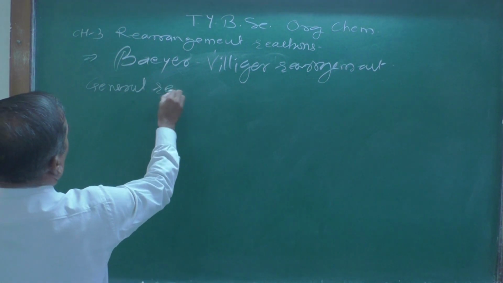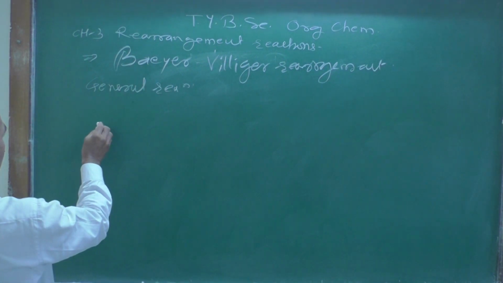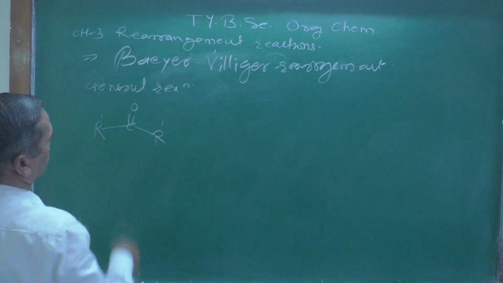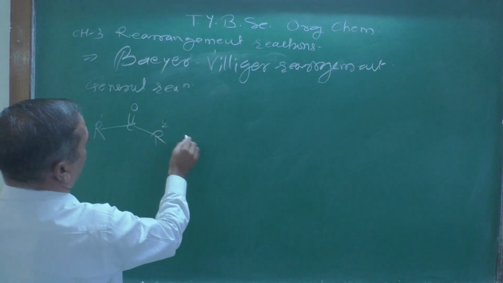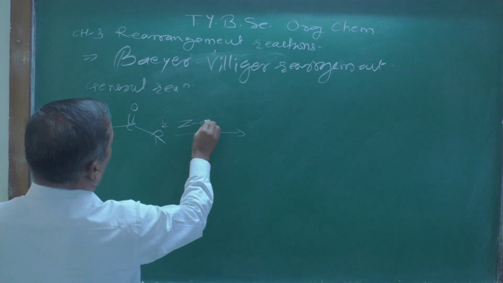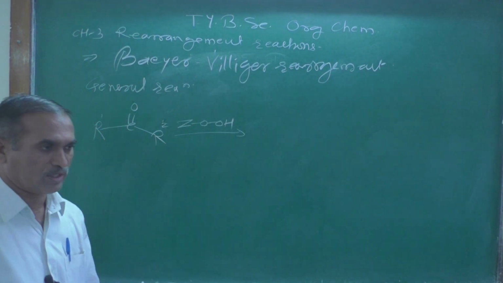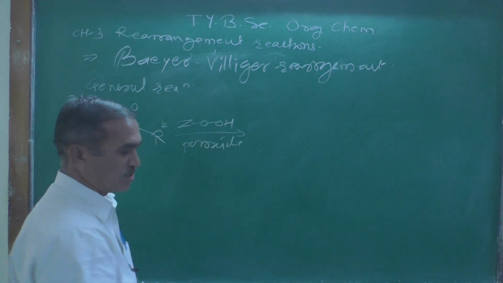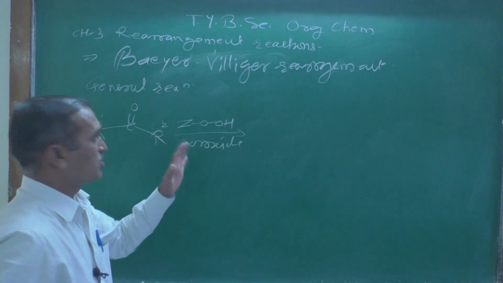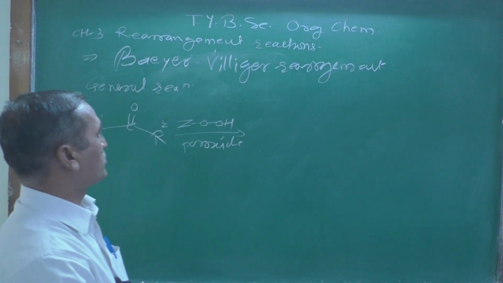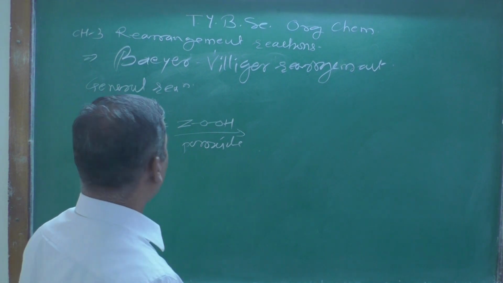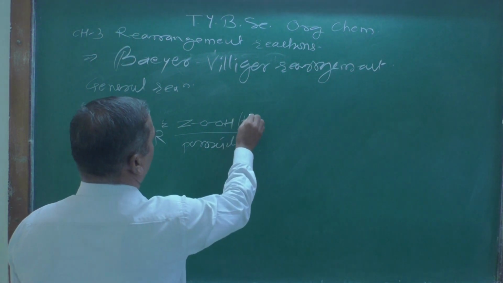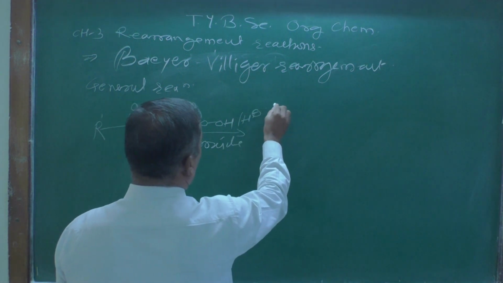In the general reaction, we have R, C double bond O, R1, R2. When it is treated with Z-O-H, this is what we call a peroxide, like hydrogen peroxide, HOOH. This type of peroxide is used here. Generally these reactions are carried out in the presence of H plus.